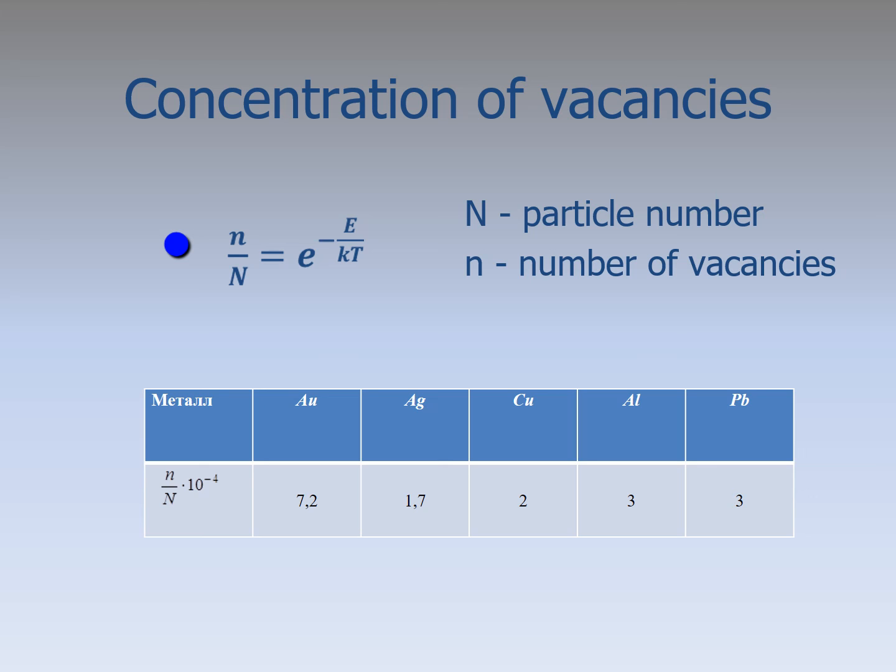Below you can see the result of determining n, derived from big N, by varying the length for some metals near the melting point. You can see gold, silver, copper, aluminum and lead.